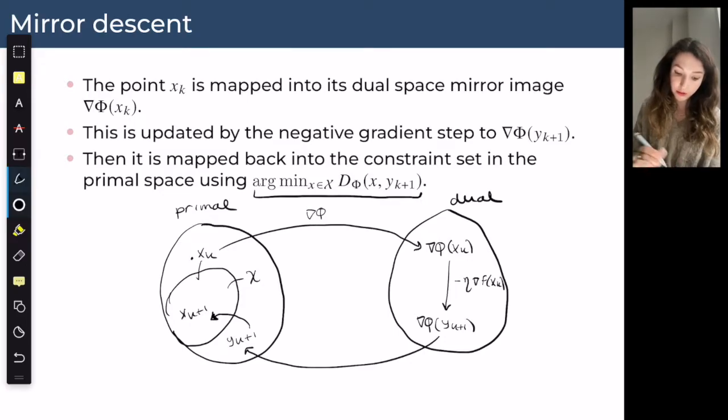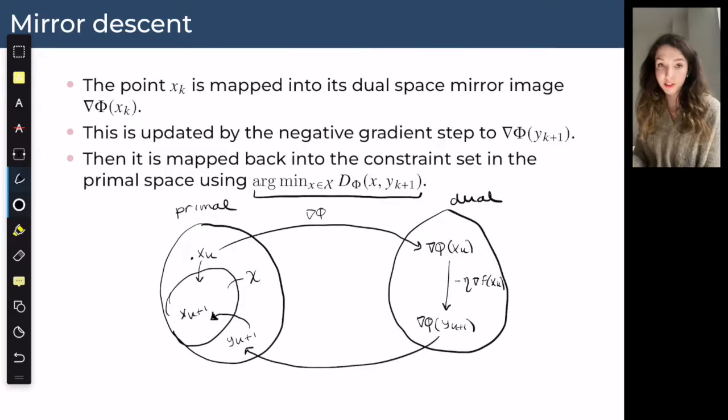Obviously this xk plus 1, I should have drawn in this curly x. Okay, so again, we're moving between primal space and dual space using the mirror map phi, and the dual space is where we do our gradient update, and then we map back into the primal space. So this is the intuition of mirror descent.